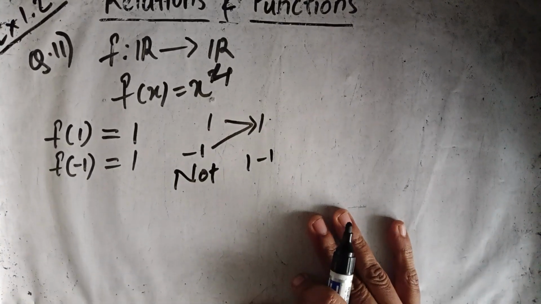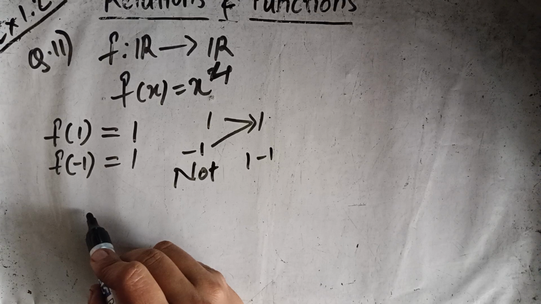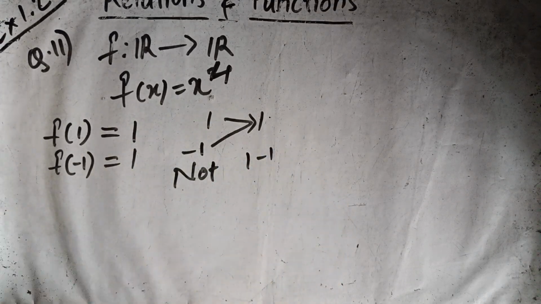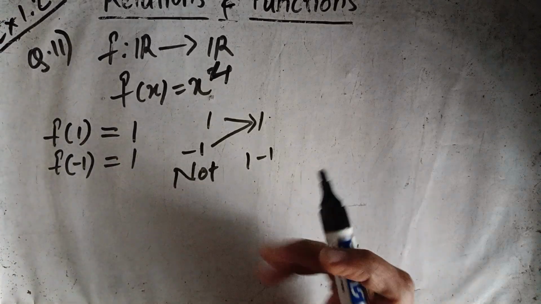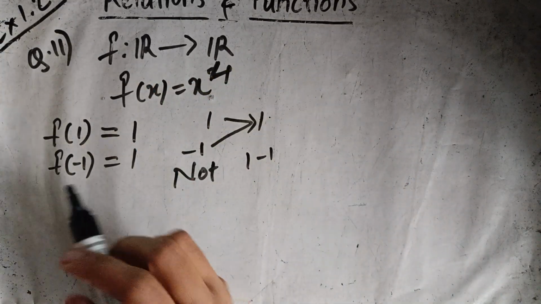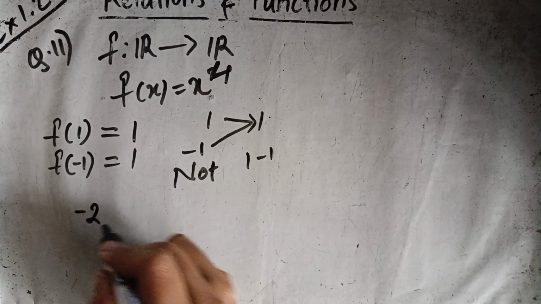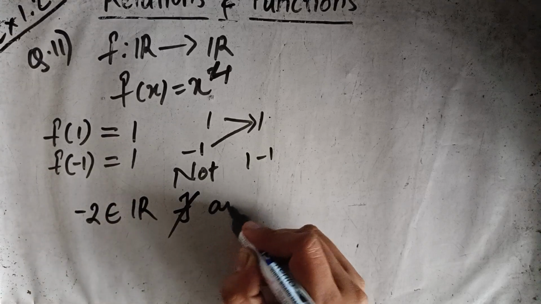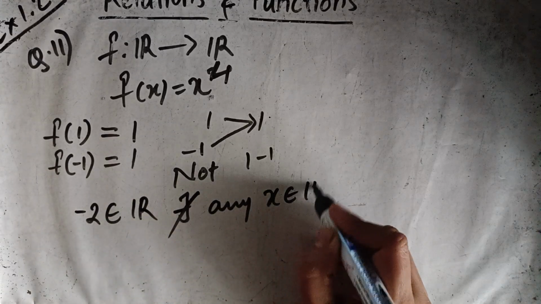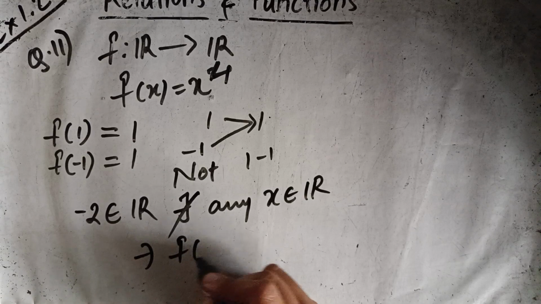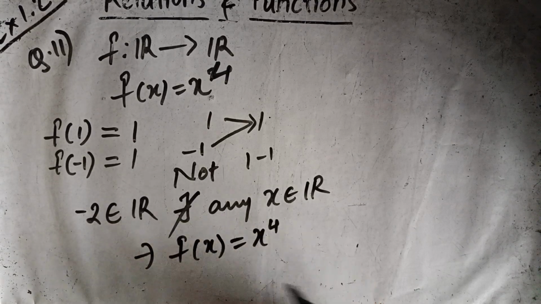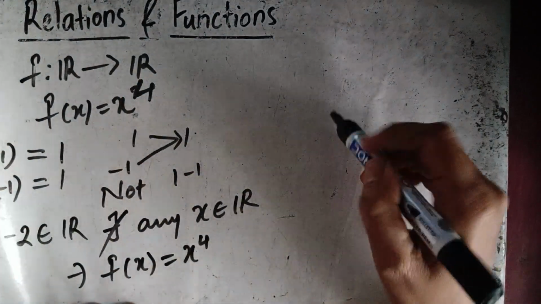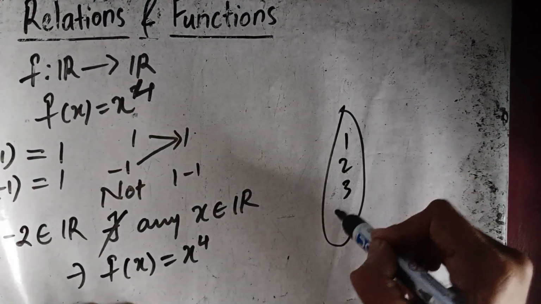What about onto? Onto also is not possible because every number is going to a positive value. Negatives are left. So if I choose some minus 2 belonging to R, there does not exist any x belonging to R such that x raised to 4 is equal to it, because this side it is all positive numbers.